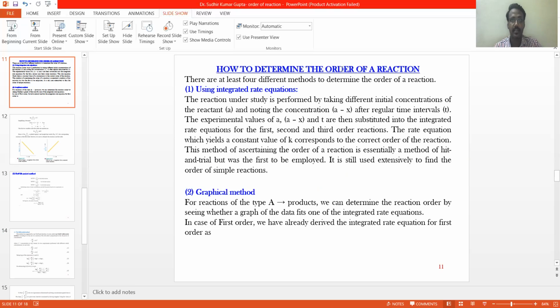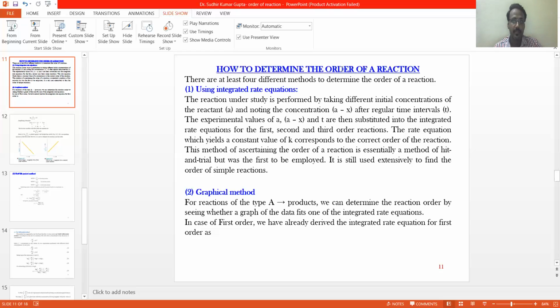So we will start the reaction with two different concentrations, or say three different concentrations, and we will measure a minus x1 at time t1, then a minus x2 at time t2. We will put these values in the equations for zero order, first order, second order.